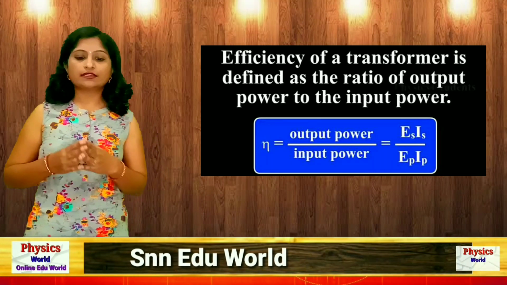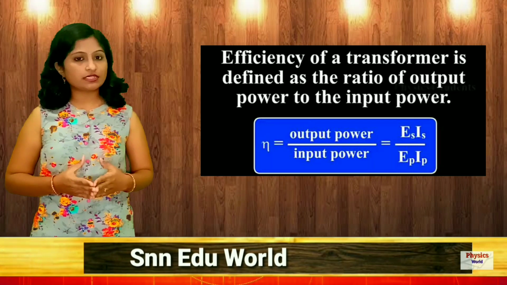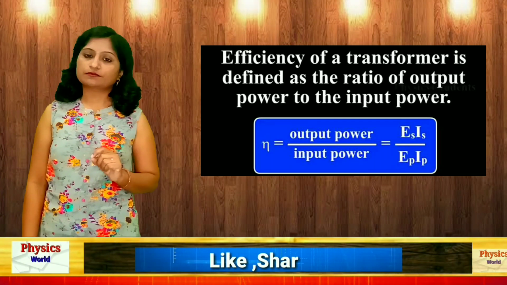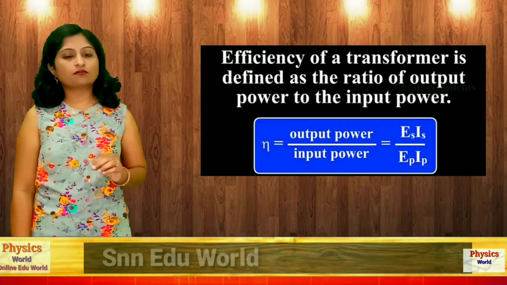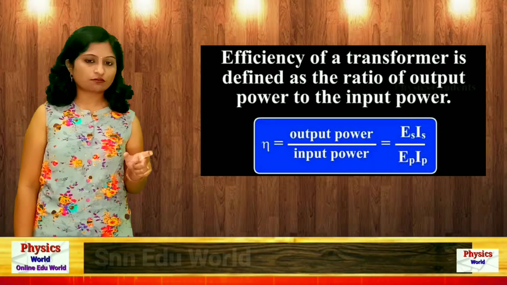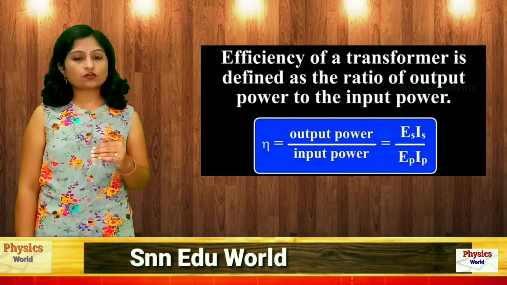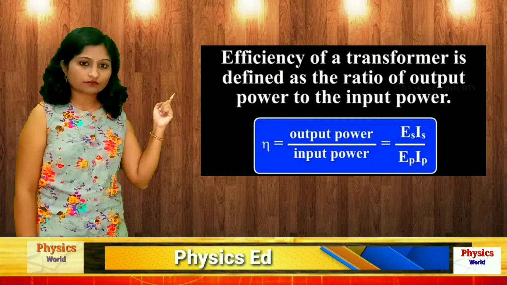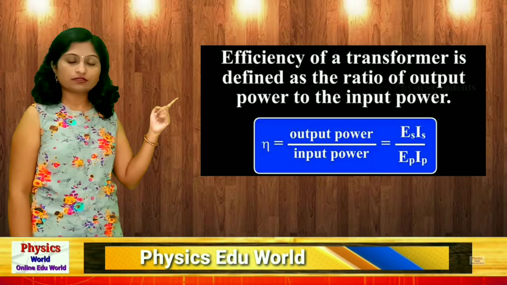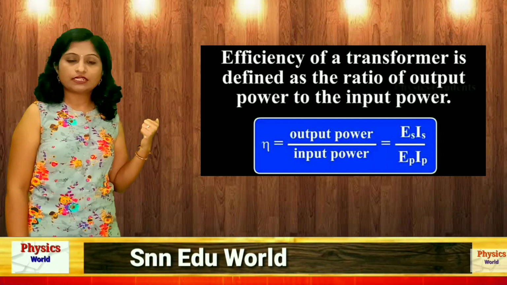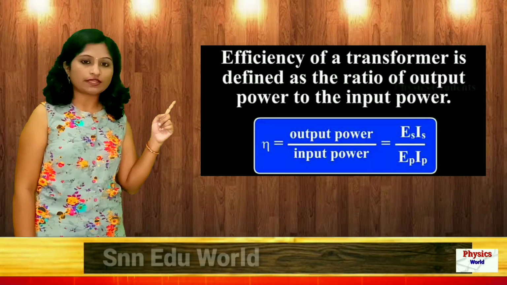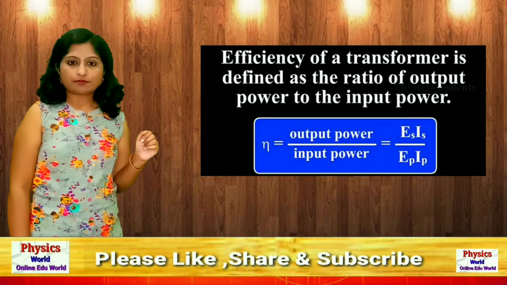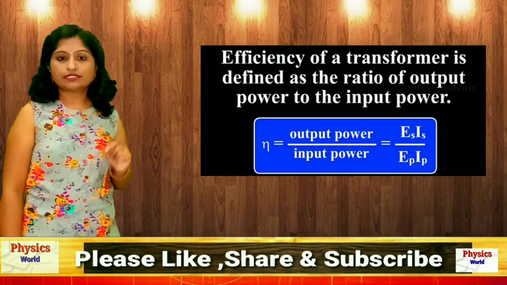So first we'll find the definition of the efficiency. What is the definition? The ratio of the output power to the input power is called as the efficiency of the transformer. Okay, we already discussed what is output power, input power. If we take their ratio, it converts into the efficiency. So efficiency is denoted here by eta is equal to output power divided by input power is equal to, now we had written their equations also, output for the secondary coil, so ES into IS, divided by the input for the primary coil, so EP into IP. Okay. So this is efficiency eta.